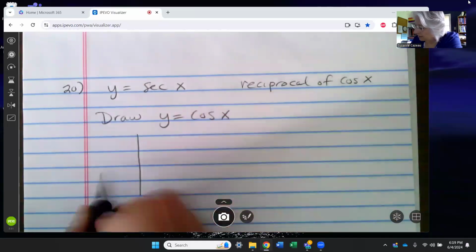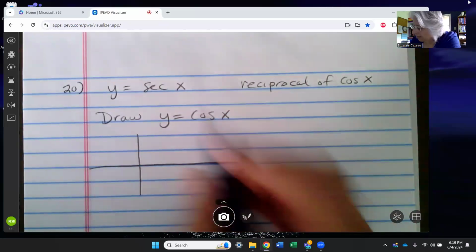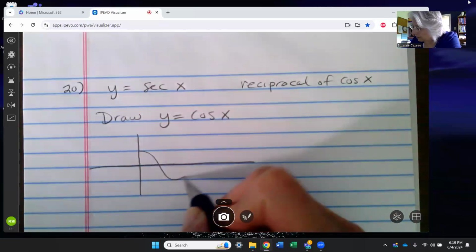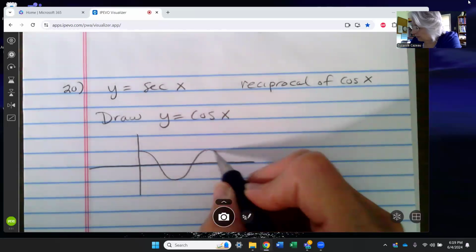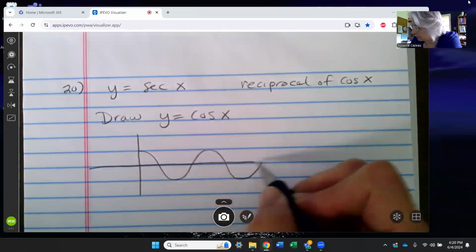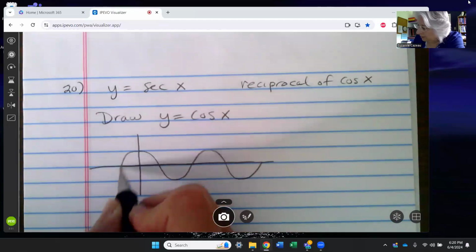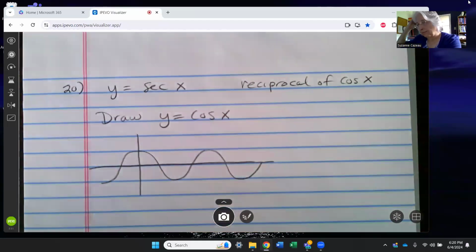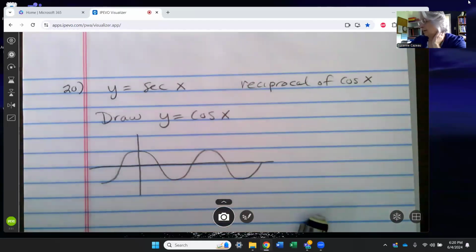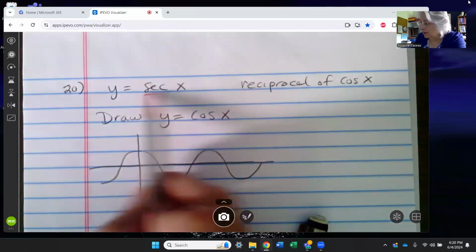Cosine of x looks like this, and then it's going to keep going. Now the secant x, I'm going to mark this in red.